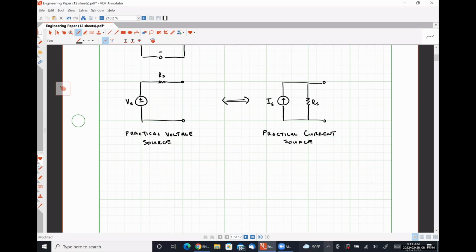So let's talk about why we call these practical voltage sources and practical current sources for just a moment here, okay? If I had an ideal voltage source, what's the maximum amount of current that it could carry?